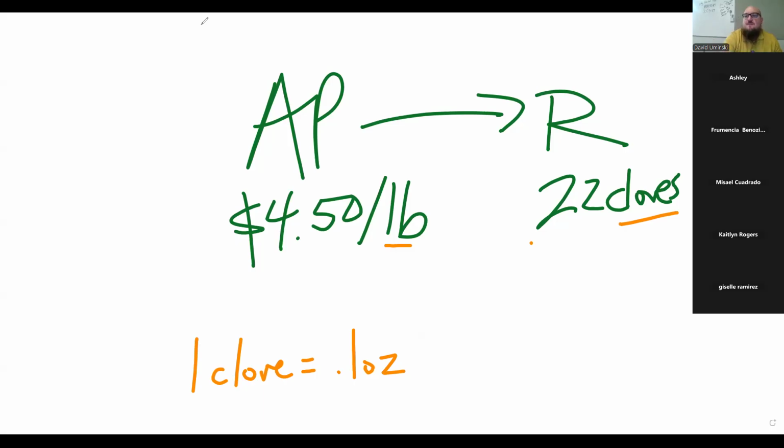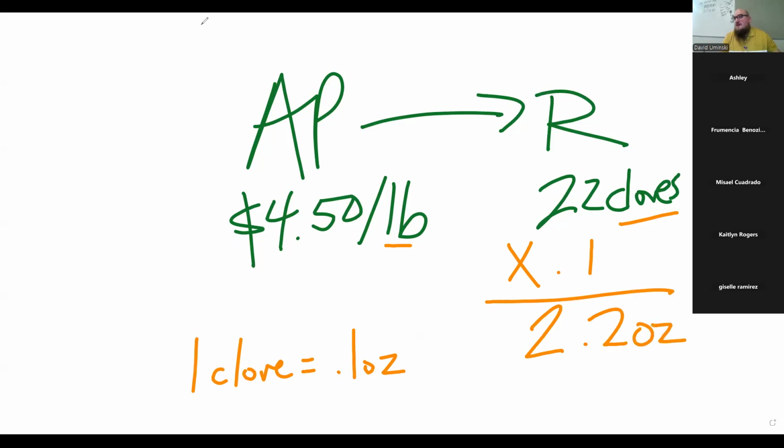So I multiply by 0.1. I'll use my calculator because I think I know the answer, but I just don't want to mess it up. That's what I thought: 2.2 ounces of garlic. If one clove is 0.1 of an ounce and I need 22 of them, then my conversion is 2.2 ounces.